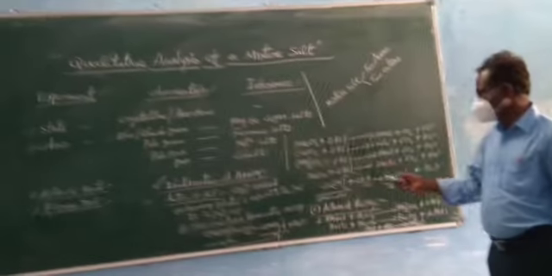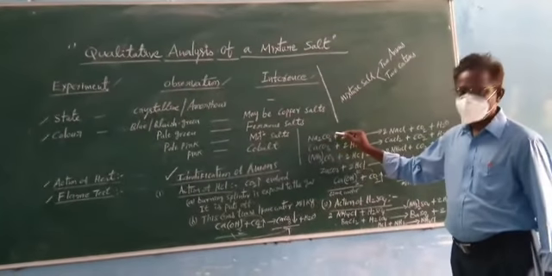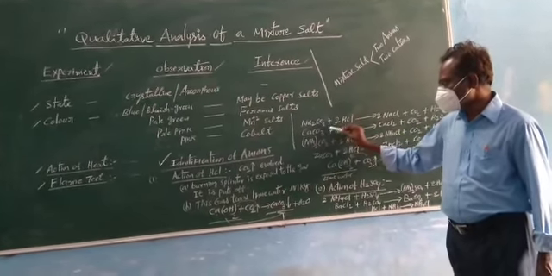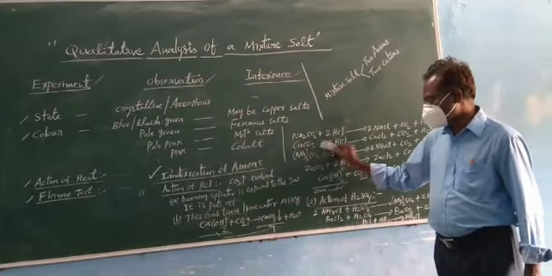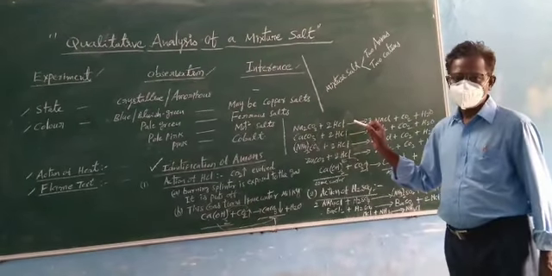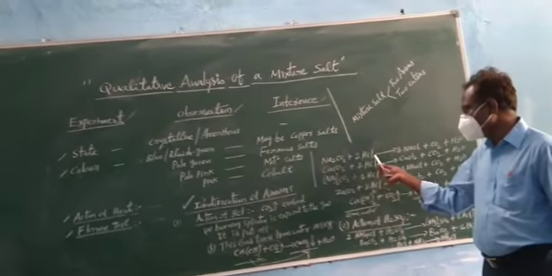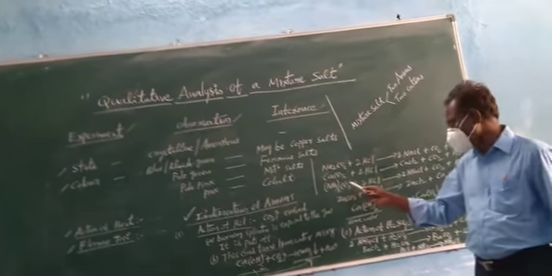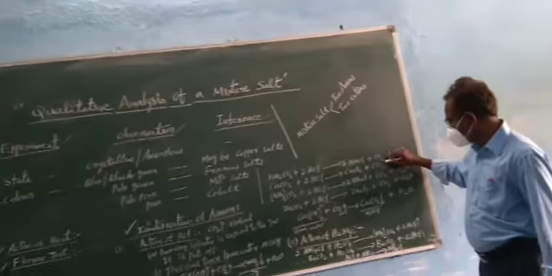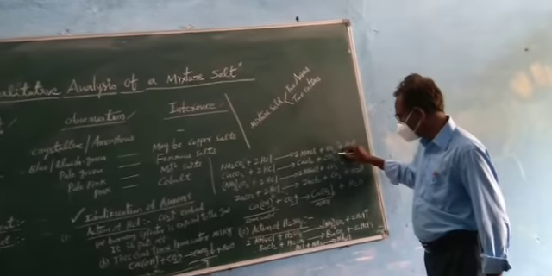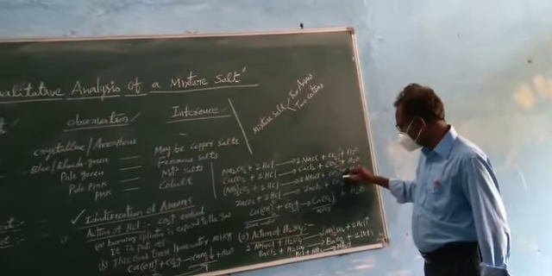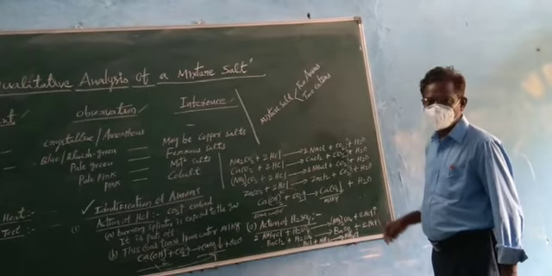So these are all carbonate salts: sodium carbonate, calcium carbonate, ammonium carbonate, zinc carbonate. While adding dilute hydrochloric acid, immediately a colorless gas is evolved, that is CO2. In all reactions, CO2 gas is evolved.